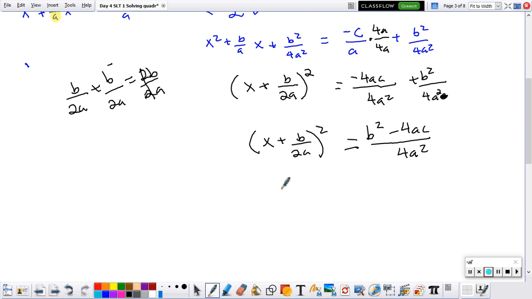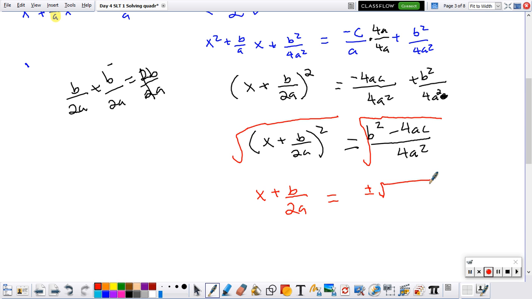Again, you are just watching. I would never make you do this on your own, but it is important to see how this develops. I'm going to take the square root of both sides. That's going to give me x plus b over 2a equals plus or minus the square root of b squared minus 4ac. Now, what is the square root of 4? It is 2. What is the square root of a squared? It is a. We're almost done!